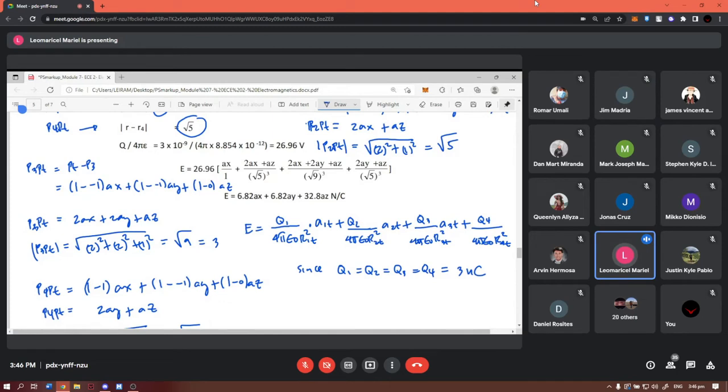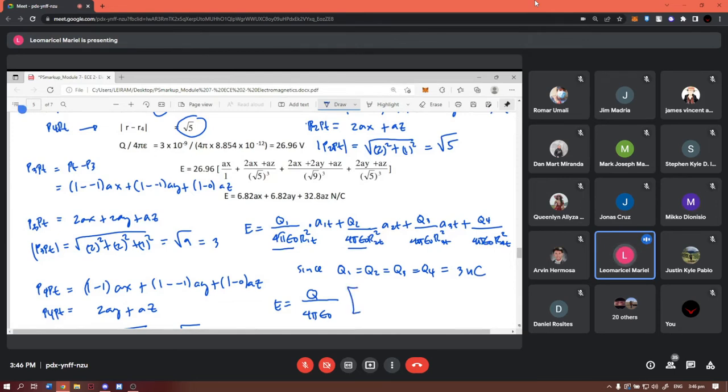Ilabas natin. Pag nilabas natin yon, so the electric field intensity is yung Q na 3 nanocoulomb all over 4 pi eta O, kasi meron siyang 4 pi eta O, 4 pi eta O, 4 pi eta O, di ba? Okay.